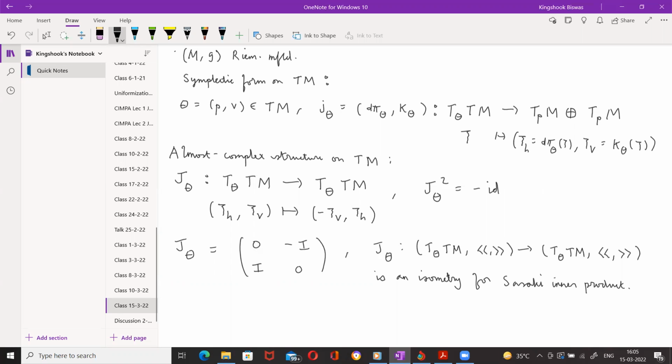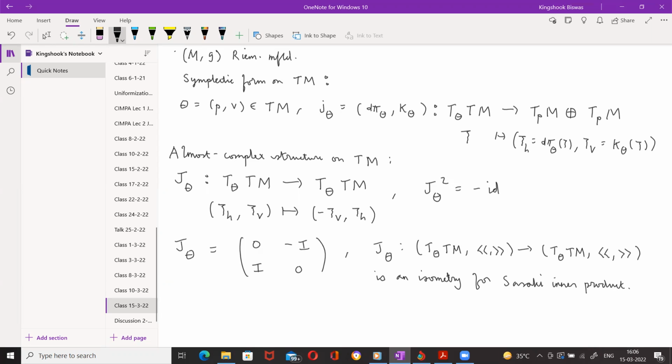Now suppose I have a manifold, and on each tangent space I have an endomorphism whose square is minus identity, okay? Then each tangent space becomes a complex vector space, right? But then there is a question: is the manifold actually a complex manifold? In other words, do I have charts into Cn so that the change of charts is biholomorphic?